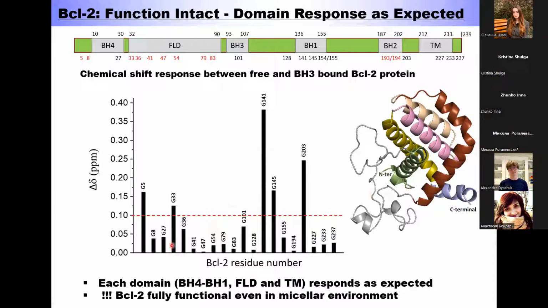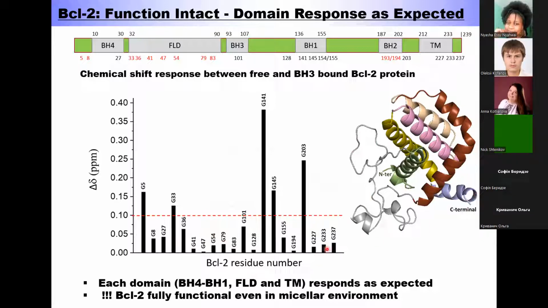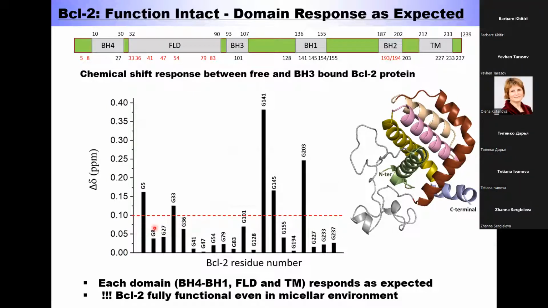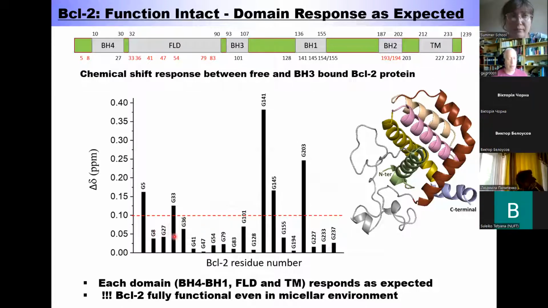Here happens not much. Transmembrane part happens not much, as expected, and in the BH4 part some stuff will also happen. So this is also, we discussed, the second regulative unit. And this is really that our system in the micelle responds to binding as expected from former studies. The different parts see either the peptide or not.